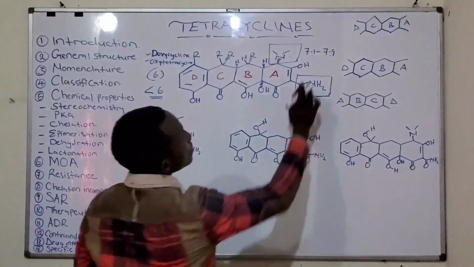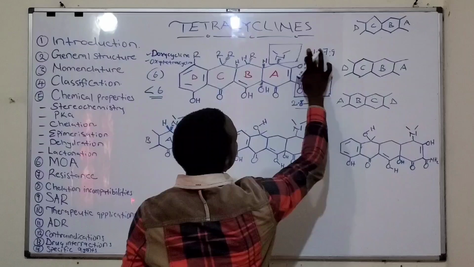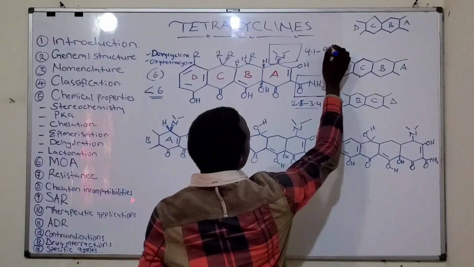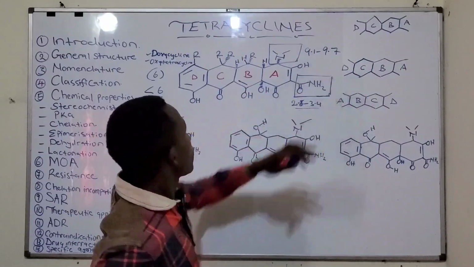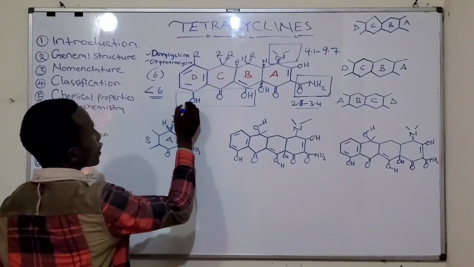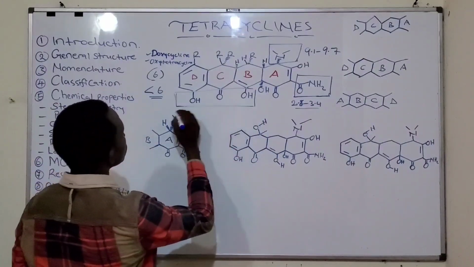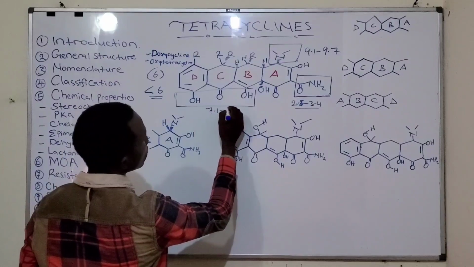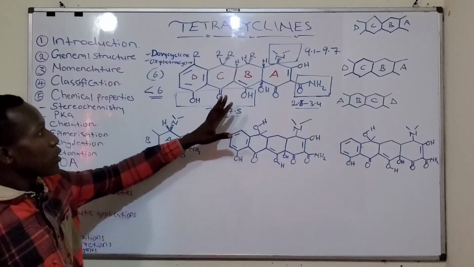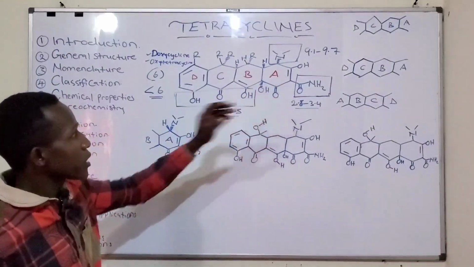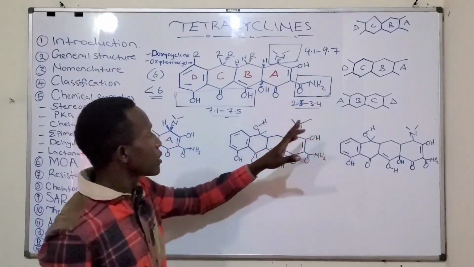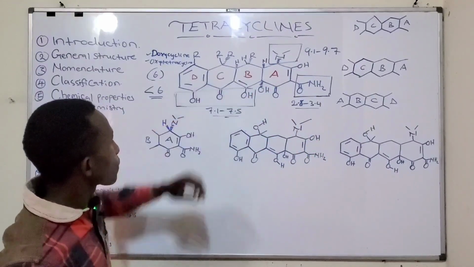This one is from 9.1 to 9.7, it is basic. Then this one has a pKa which is slightly neutral, from 7.1 to 7.5. So those are the 3 pKa's we have for tetracyclines: the basic pKa, then acidic and neutral groups.